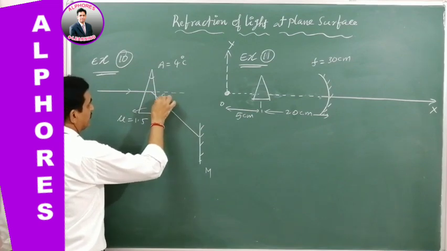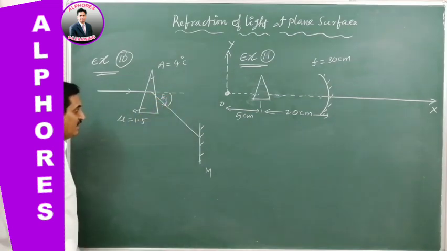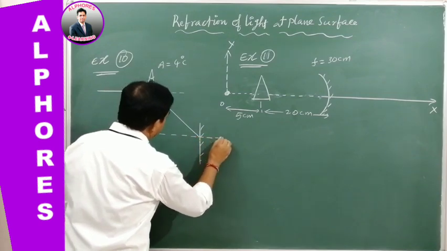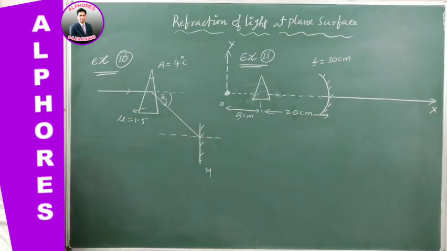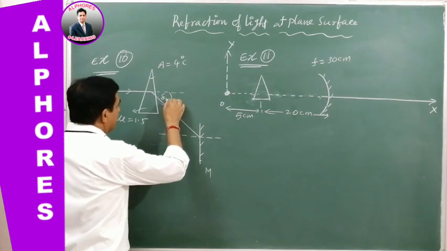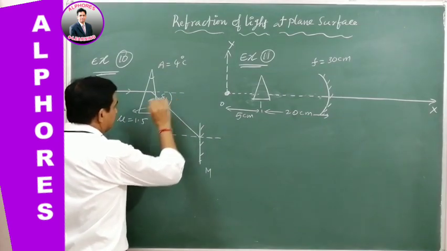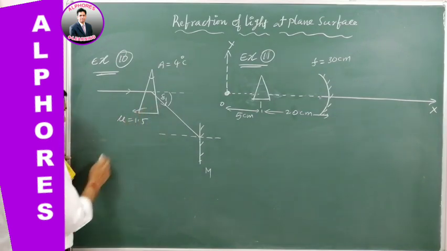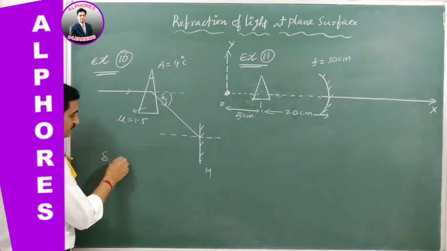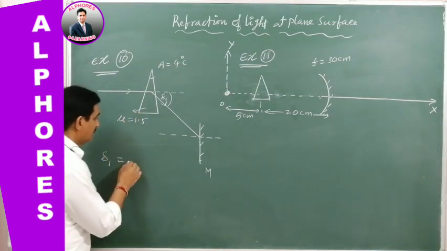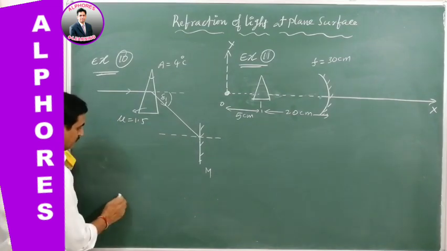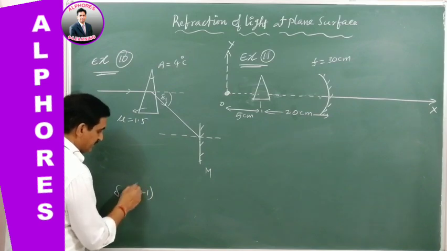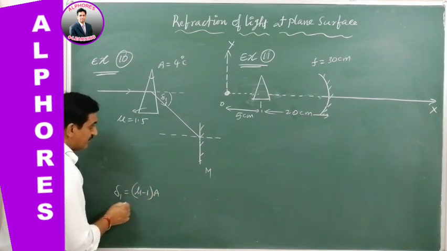See here, this undergoes refraction and gives its deviation. This is the angle of deviation delta 1, and again a normal is drawn at the point of incidence on the plane mirror. Here this angle is the deviation suffered by the light due to refraction. So due to refraction, how much deviation is suffered? Delta 1 is equal to (mu minus 1) into A. Substitute the value.